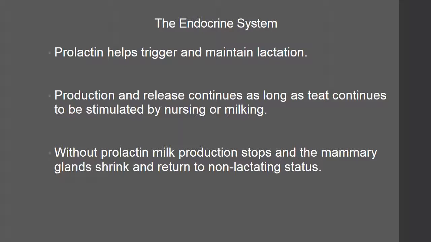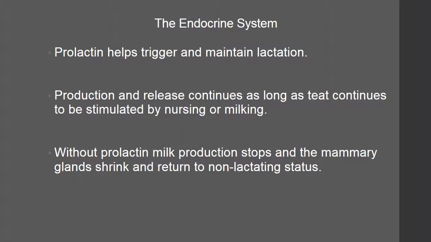The second one is prolactin. Well, as you would assume with a name like prolactin, it helps trigger and maintain lactation. The production and release of prolactin will continue as long as the teat continues to be stimulated by nursing or milking. So as long as the puppies are nursing, or the kittens, or the foal, or the calf, prolactin will continue to trigger and maintain lactation.